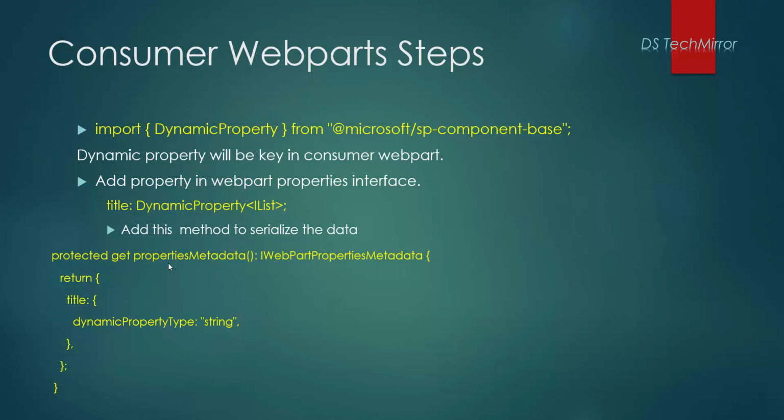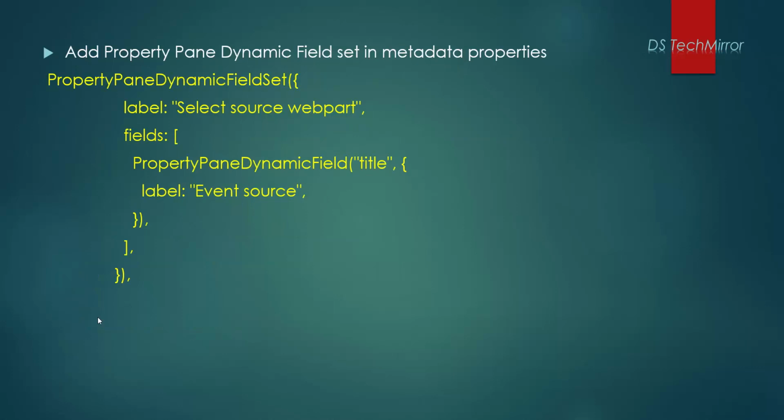Then I have to add this method to serialize the data. In this web part, we are doing nothing. Whatever value we are receiving, we are simply serializing it. So for the purpose of serializing the data, I would be adding this method. Then I would be adding this code in the web part property pane.